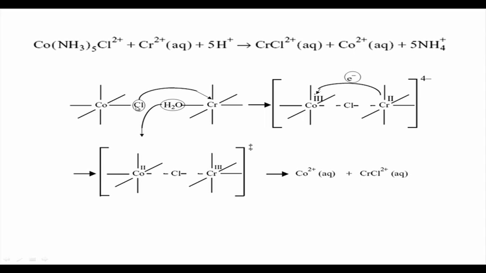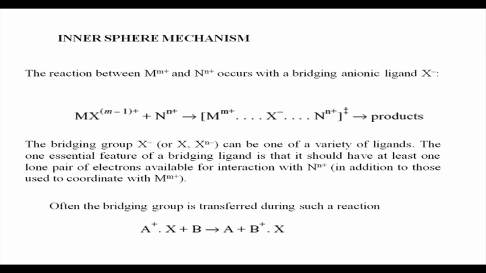Chlorine has a lone pair of electrons. As I mentioned, it should have at least one lone pair available for interaction with Mn+, in addition to those used to coordinate with M+.